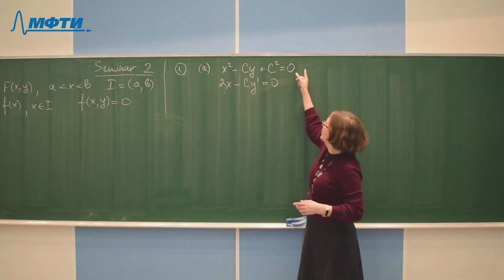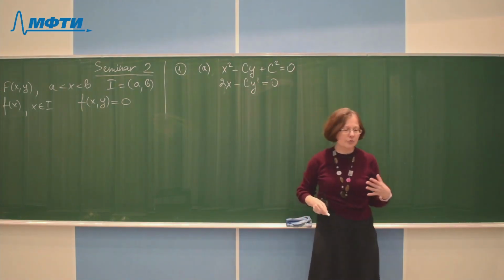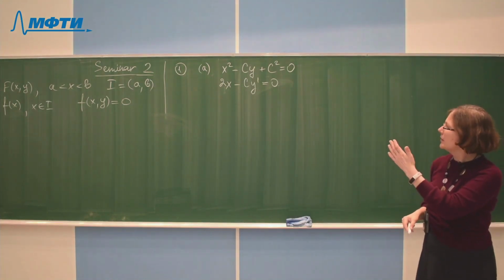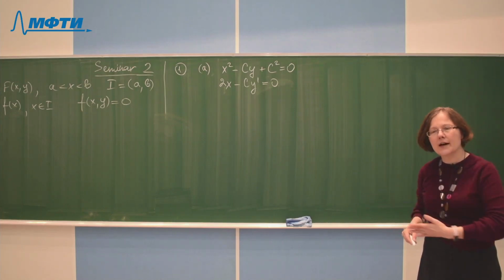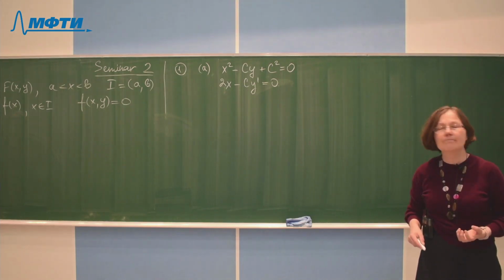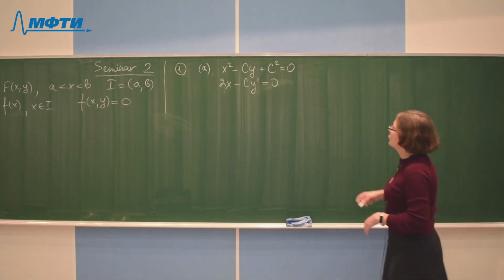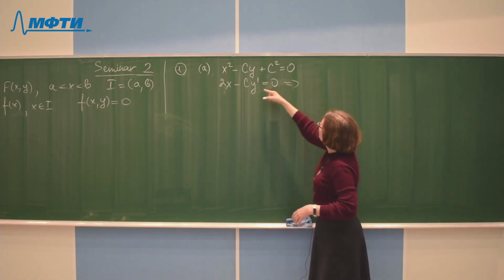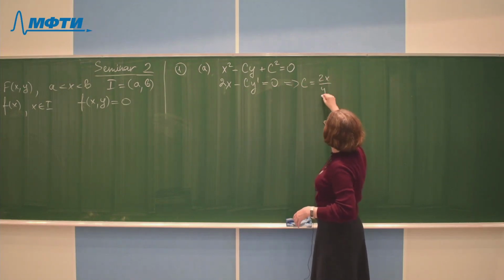So from these two, our goal is to solve maybe one of the equations for c and substitute in the other, to eliminate c. Now our goal is to eliminate c. Okay. So I can do the following. Solve for c and get the following: 2x over y prime.